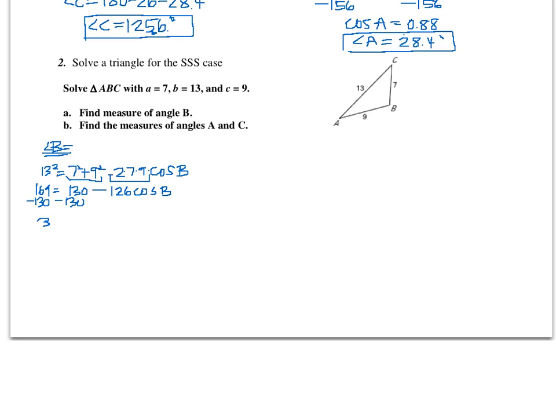When I do that, I get 39 equals negative 126 cosine of B. When I divide by negative 126, I'm going to round to 2 decimal places. So I get that negative 0.31 equals the cosine of B. And if I inverse cosine the negative 0.31, I find that angle B is 108.1 degrees.